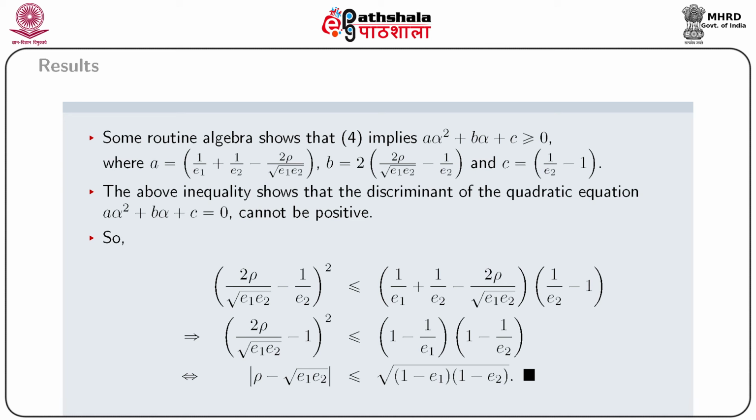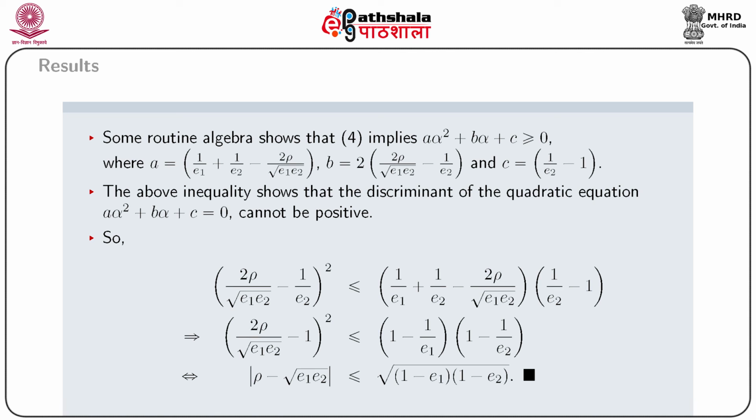We write this as equation 1, where a equals 1 by e1 plus 1 by e2 minus 2 into rho divided by square root of e1 into e2. b equals 2 into rho divided by square root of e1 into e2 minus 1 by e2, and c is equal to 1 by e2 minus 1.